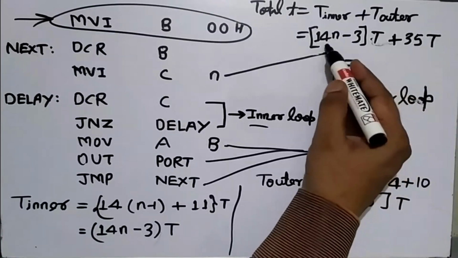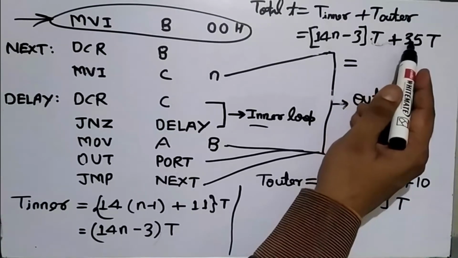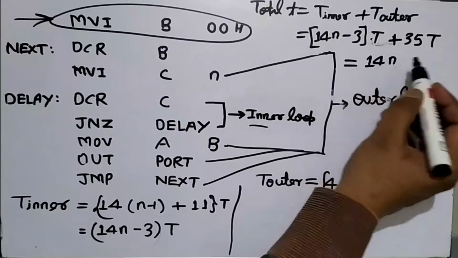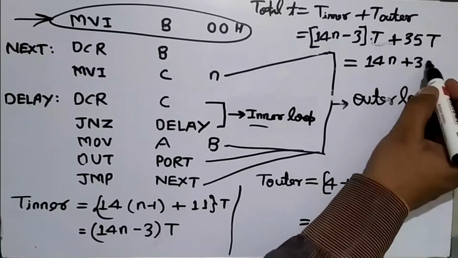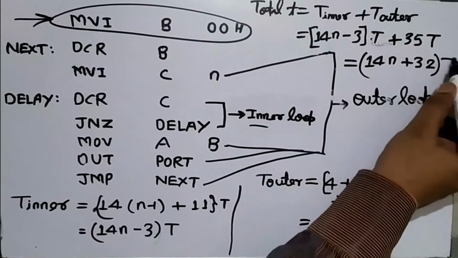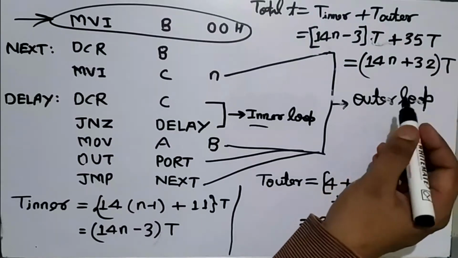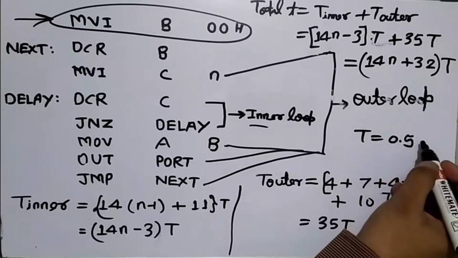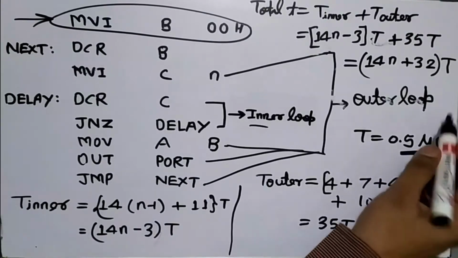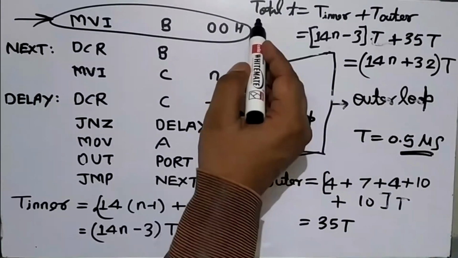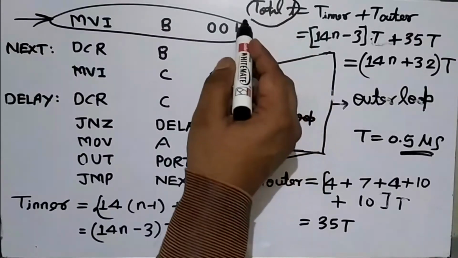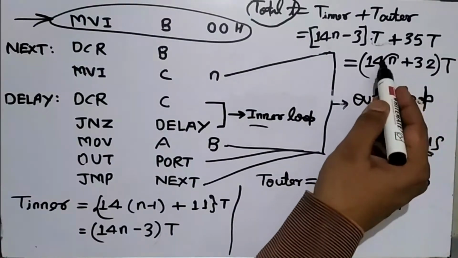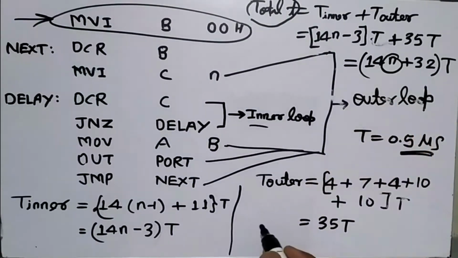After calculation, 14nT minus 3T plus 35T will come out as (14n+32) into capital T. We have calculated that T equals 0.5 microsecond. By putting the value of capital T and the value of the required time delay, which is 1 millisecond, we can calculate n.